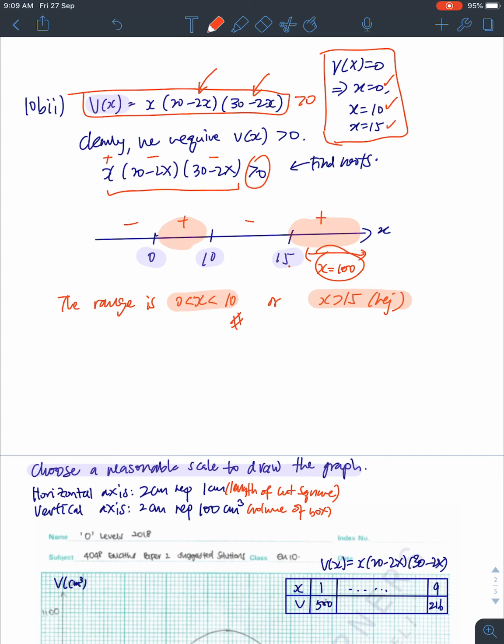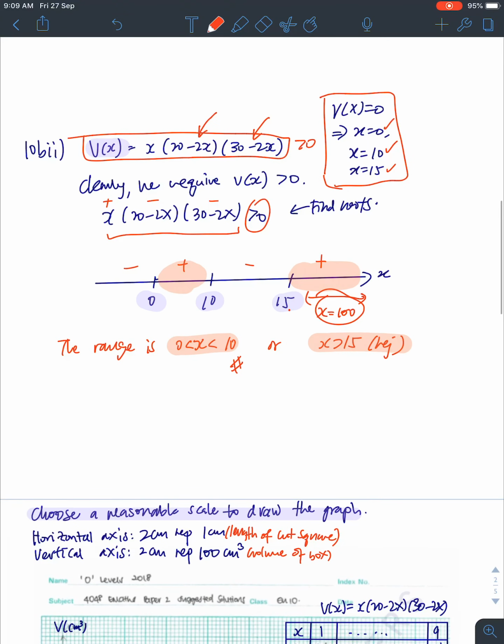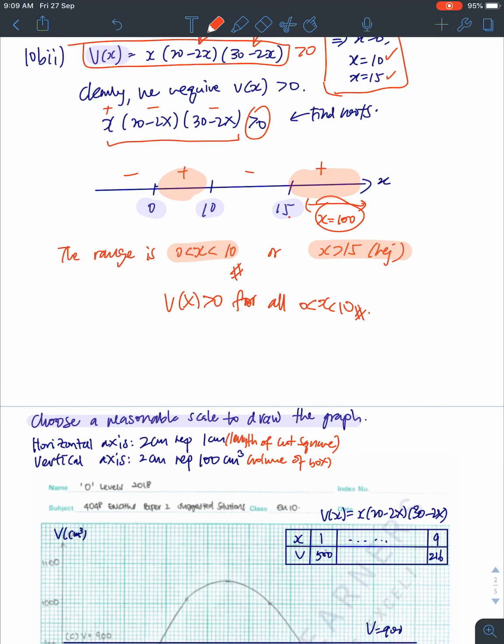Any x values between 0 and 10 would give us a positive volume, because the V(x) expression will be bigger than 0 for all x between 0 and 10. So this is the answer for B part 2.